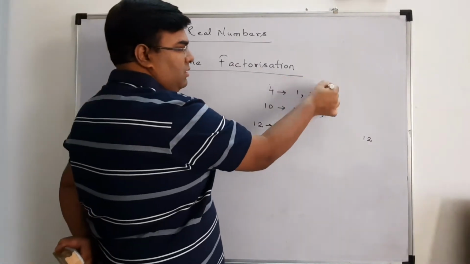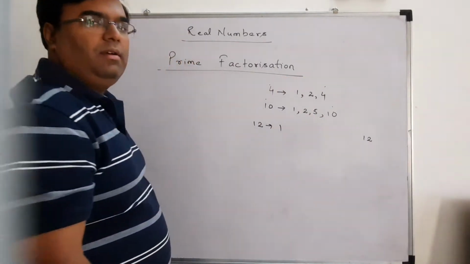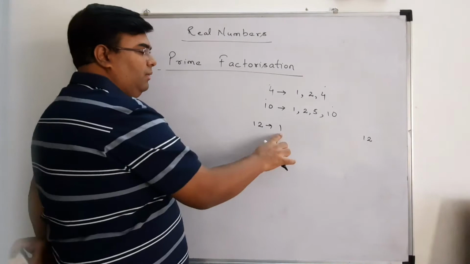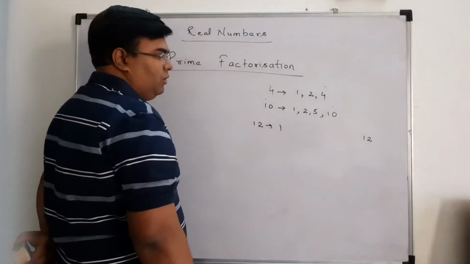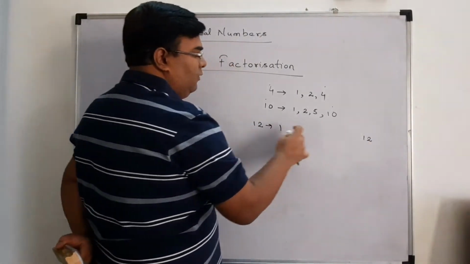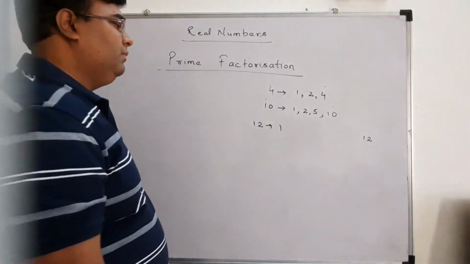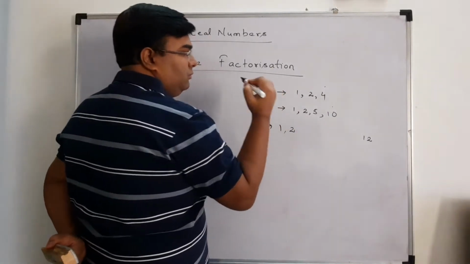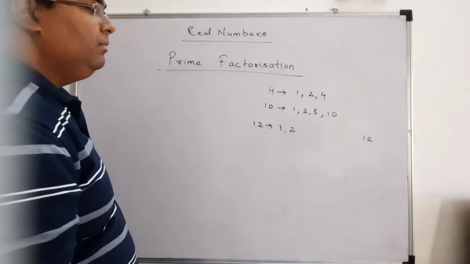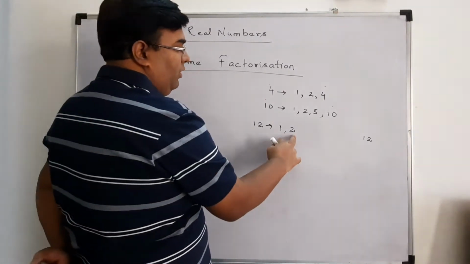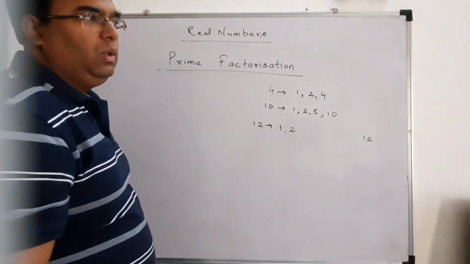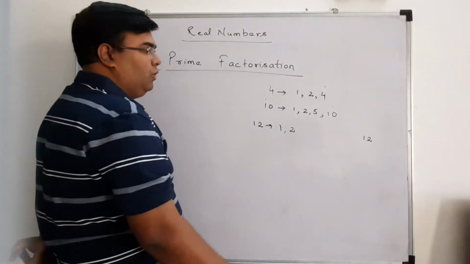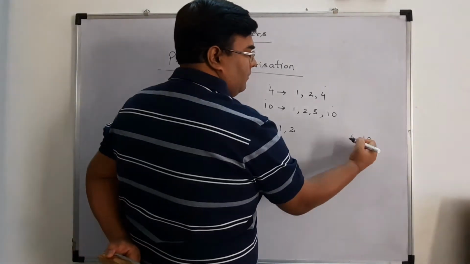See, 4 is in the last, 10 is in the last. Right? So 1 and 12, because if you multiply 1 by 12 you will get 12. Since this is my even number, 2 must come. Right? 2, if you divide 12 by 2 you will get 6. So your 6 will come here.